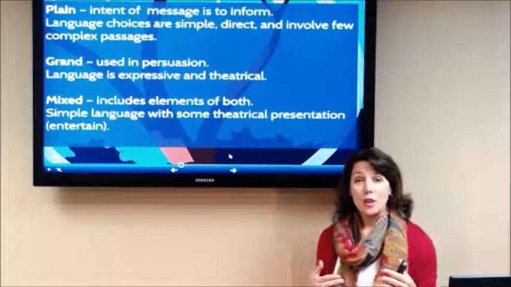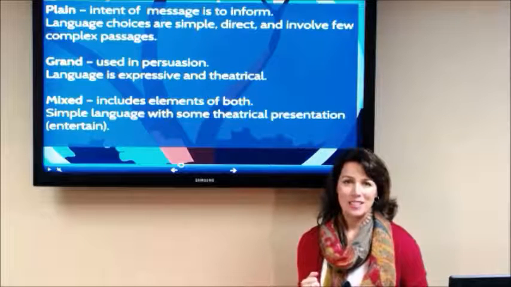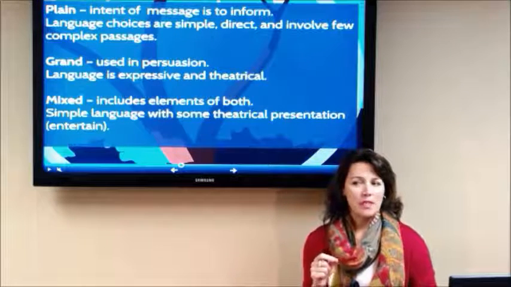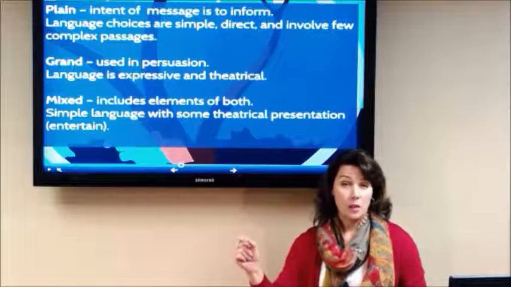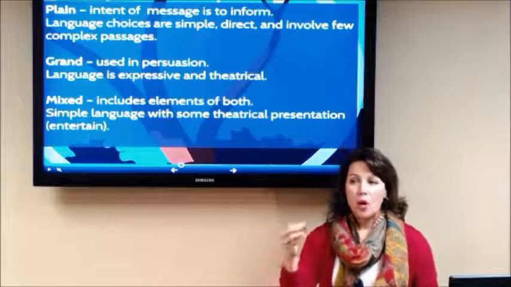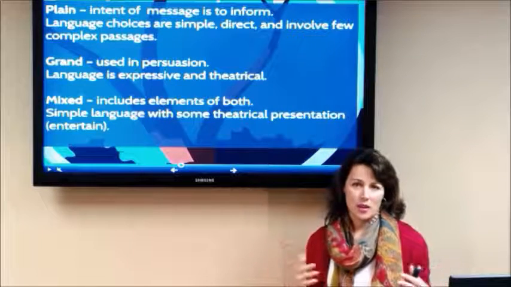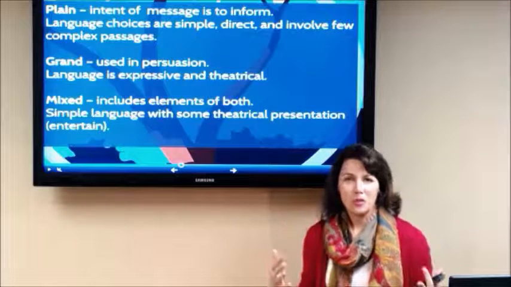Secondly, we have what is used more in persuasive speech. If we go back to understanding those politicians, you can see that depending on the personality, they can either use very plain language because they want to be seen as very straightforward, or they can use very grand or theatrical language that arouses emotion within an audience.